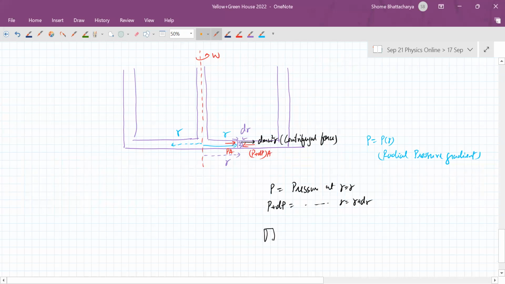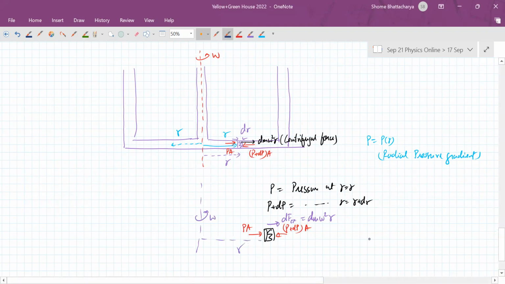Okay, so now you can see that for that small section of liquid, there is force due to pressure from this side, force due to pressure from this side. And then there is a centrifugal force, which is dm omega square r, because this is at a distance of r from the axis.